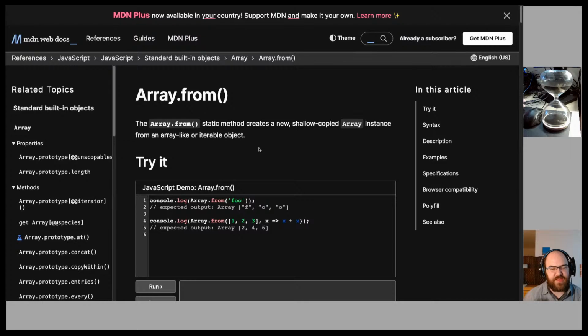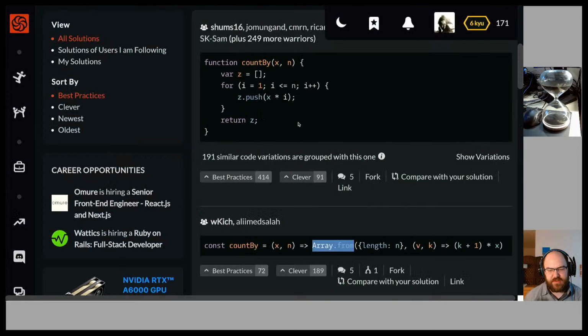The array.from static method creates a new shallow copied array instance from an array-like or iterable object. Where'd the array object? This is doing something tricky. Length colon n. So this right here seems to be creating an object.